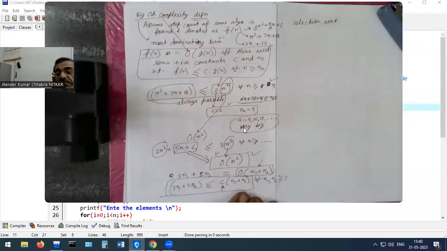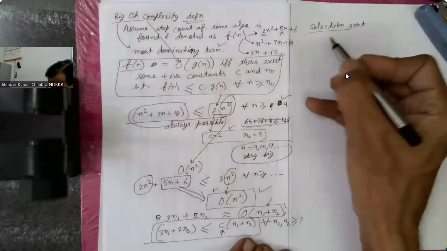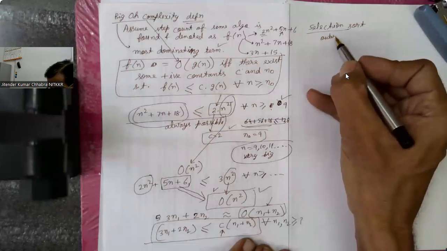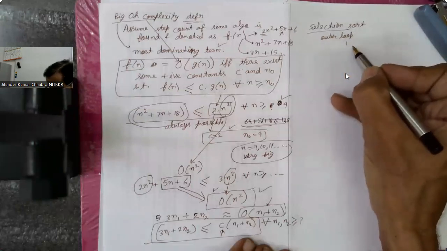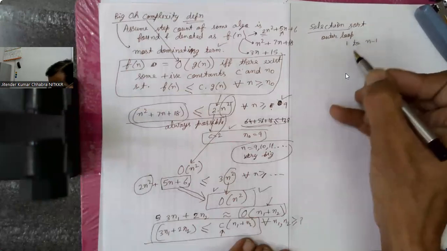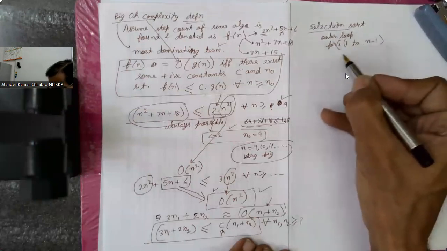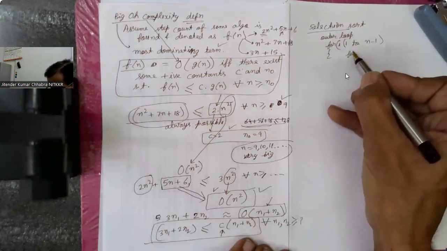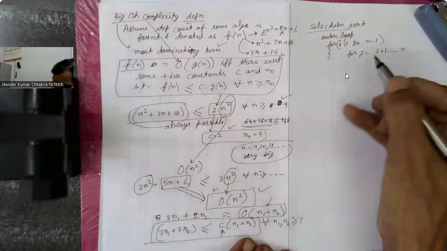Now, what effectively did we do in that case? We had an outer loop, which could execute, let's say, from 1 to n minus 1, the i loop. And then inside this, I had a j loop, which ran from i plus 1 to n.